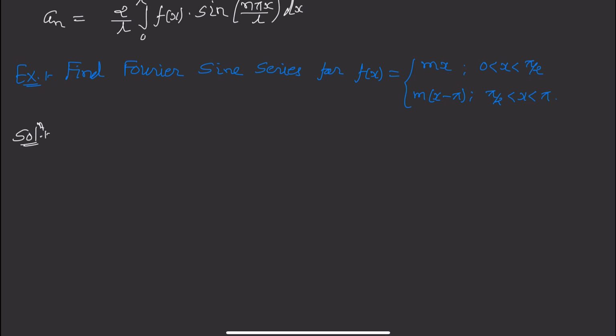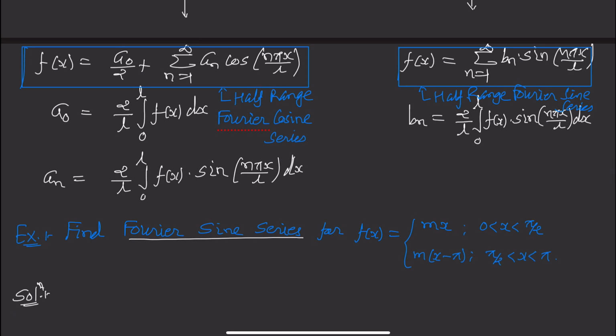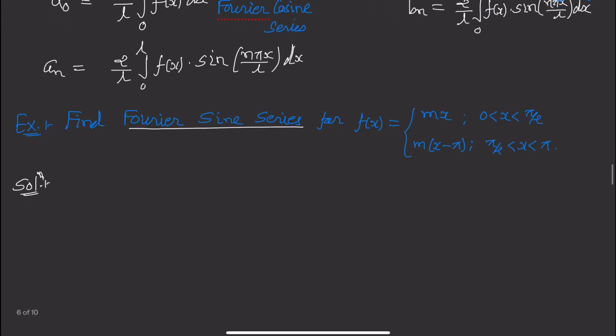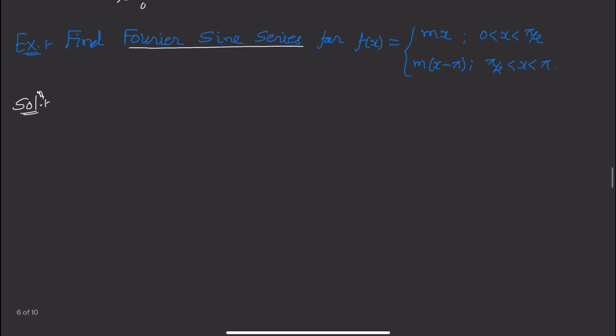What is our requirement? I want to find Fourier sine series. And you know what is the formula for Fourier sine series? So let us note down this. What we want, f of x is equal to summation n is from 1 to infinity Bn sine n pi x upon L, where what is Bn?